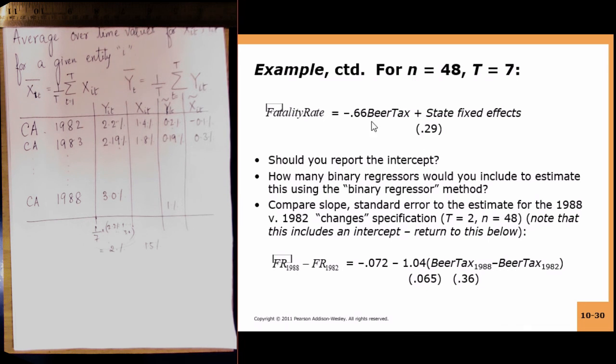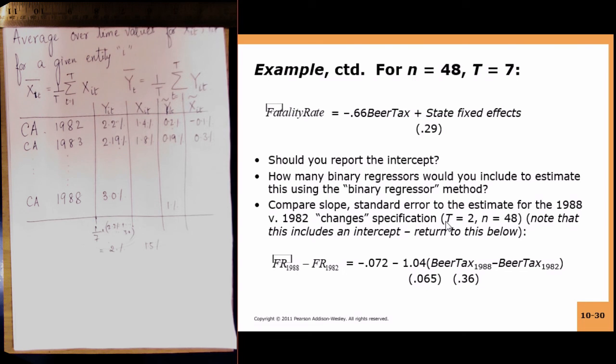This is how it is: minus 0.66 beer tax plus state fixed effects. There are some state fixed effects, we are not really worried about them. So how many binary regressors would you include to estimate this using the binary regressor method? As we said, you would include 48 minus 1, 47 binary regressors.